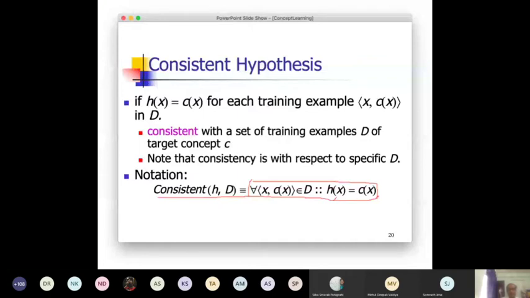So for every example with its label, the functional value of the hypothesis should be the same as the functional value of the target function, right? If it is true for all, that is what is represented here for each training example, then we say that the hypothesis is consistent.